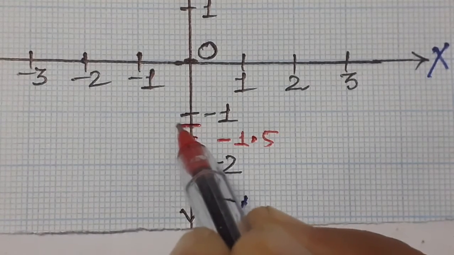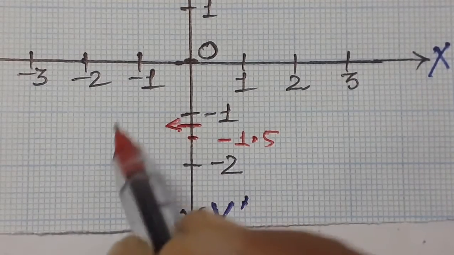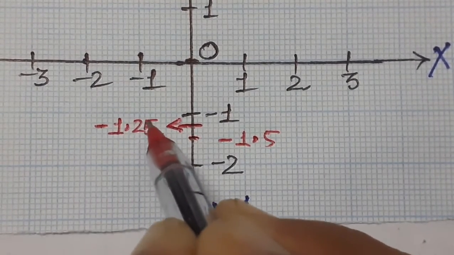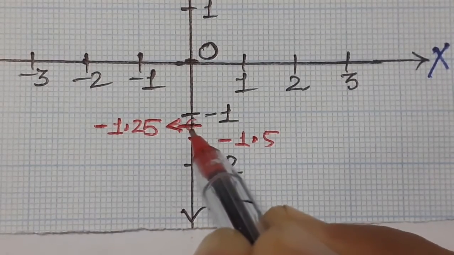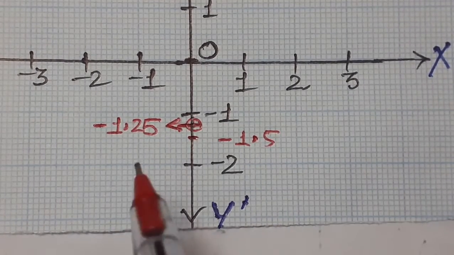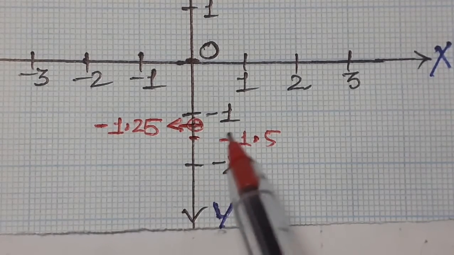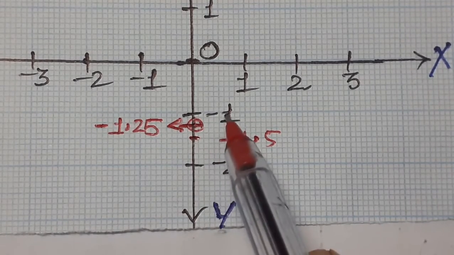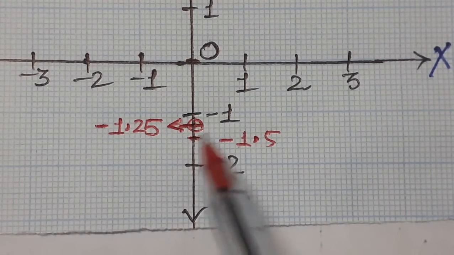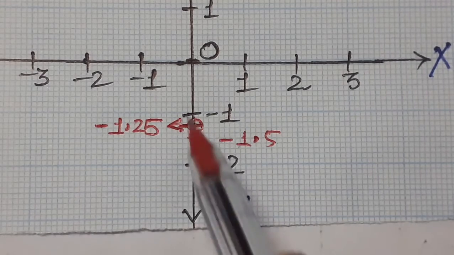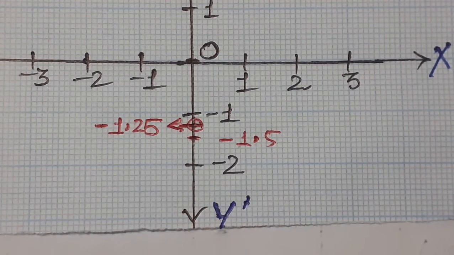So this point is minus 1.25. It lies on the y-axis. This point is minus 1.25, which lies between minus 1 and minus 2, in the middle of minus 1 and minus 1.5, and it lies on the y-axis. Clear, children? Now we'll do the next one.